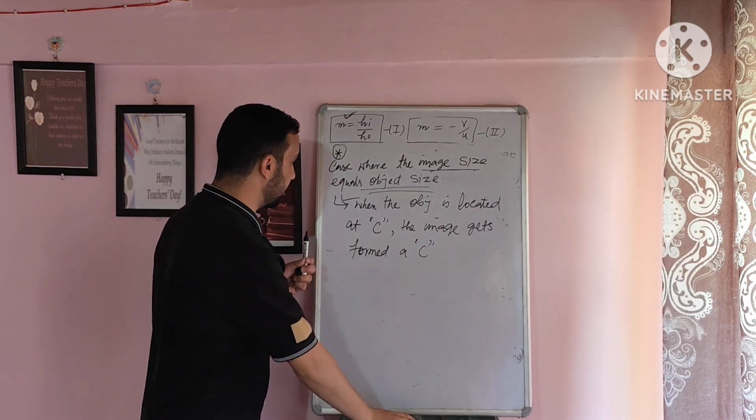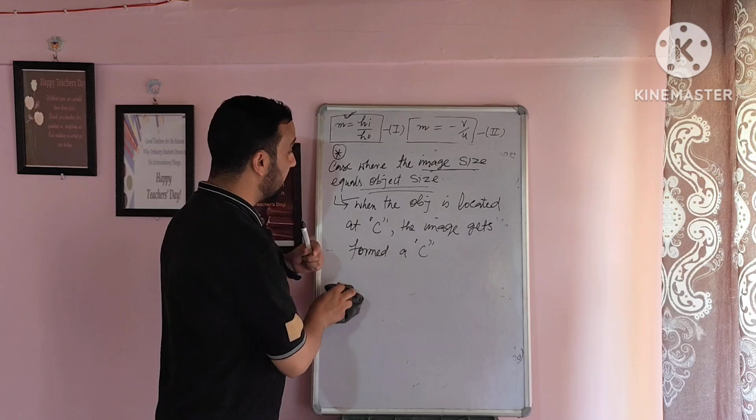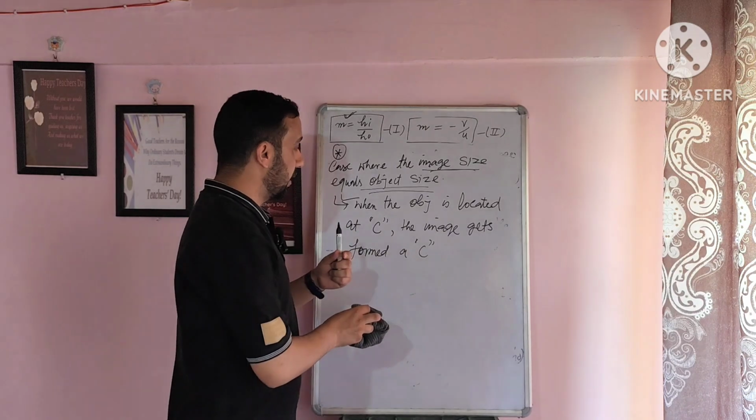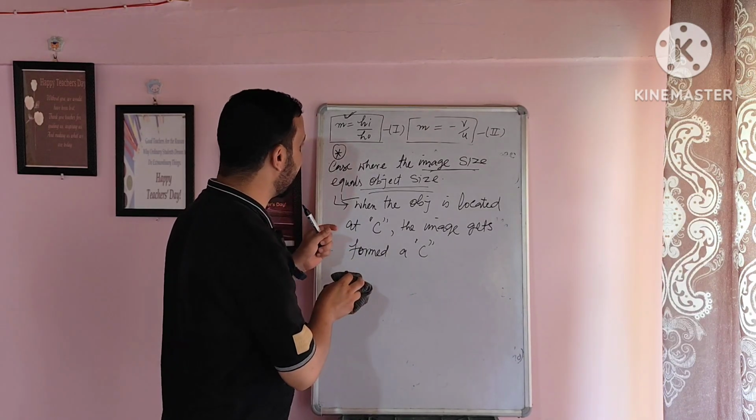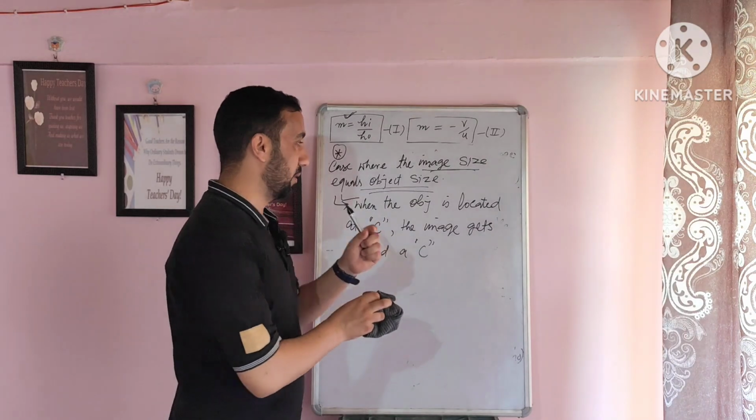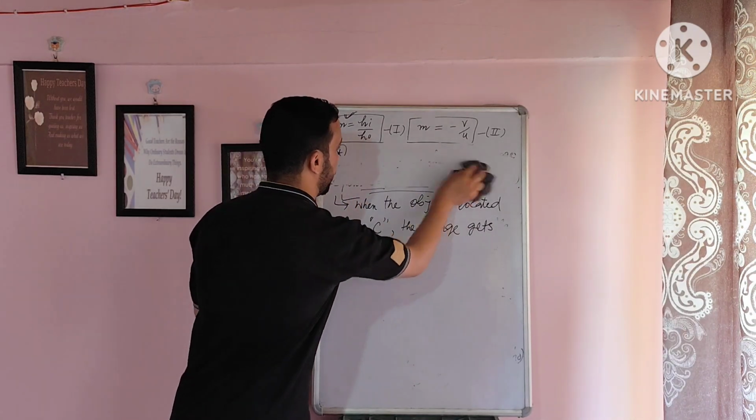So please remember this case in your mind because this may be asked in the exam. So this is the important generalization, or we can say this is the important drawing. Keep it in your mind, dear students.